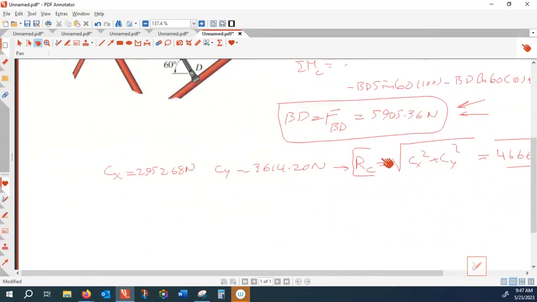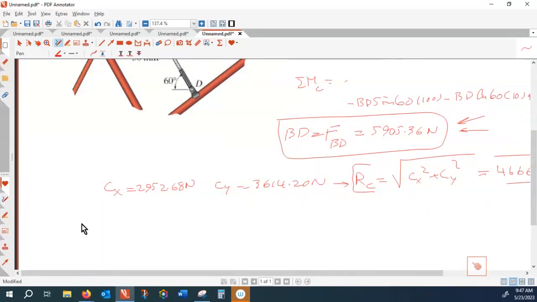So the shear stress of the failure... So the nature of these forces are shearing stress.